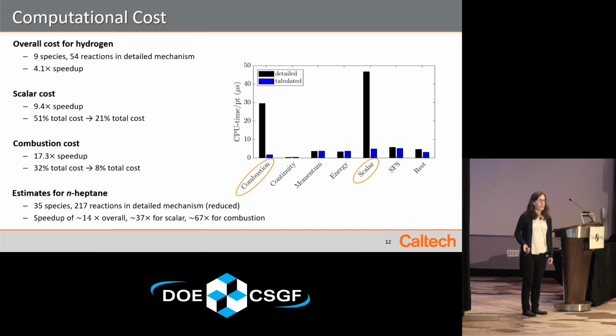And I want to note that for hydrogen, this is the simplest fuel you could have. If you move to hydrocarbon fuels, those detailed chemistry calculations are much more costly. And so we would expect to see an even greater benefit there if we use this approach for larger chemical mechanisms.